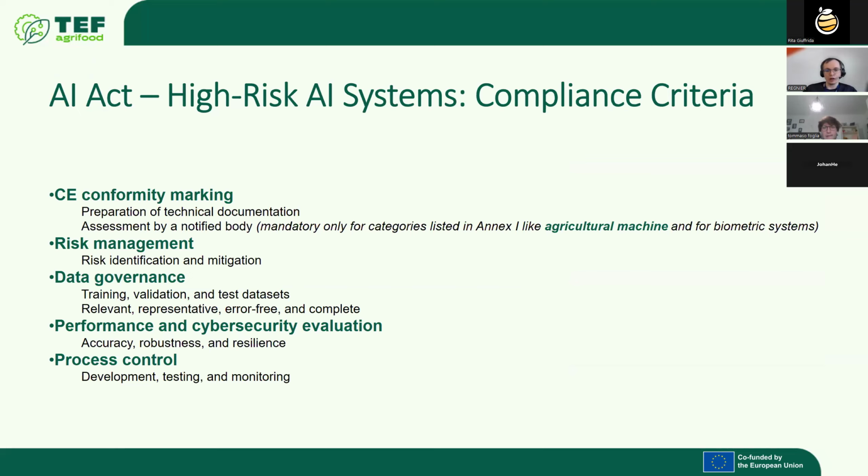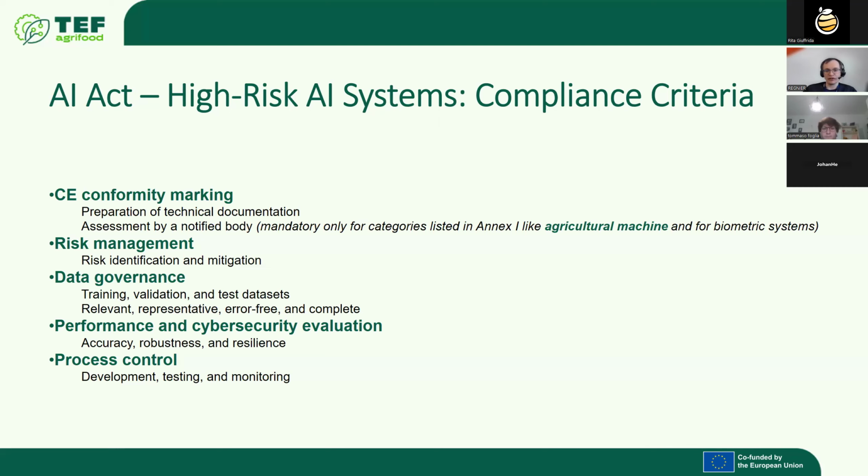To be allowed on the European market, this system must meet several compliance criteria. First, there is the CE conformity marking. This means a company must prepare complete technical documentation and in some cases have their system assessed by an external authority called a notified body.